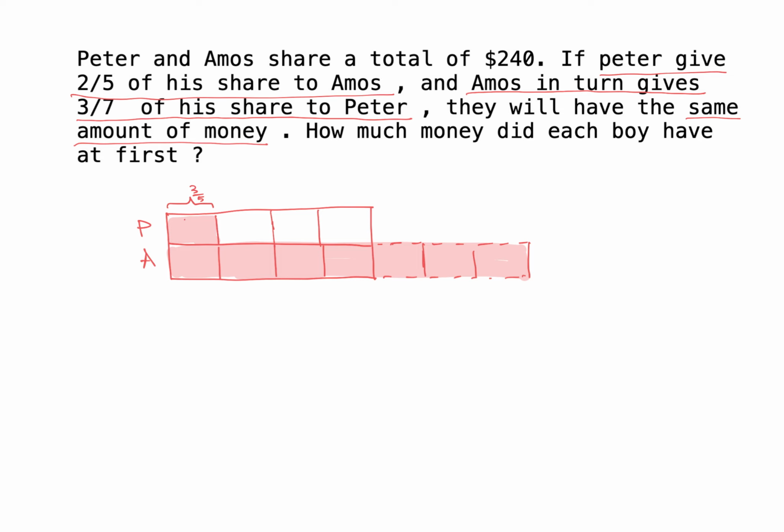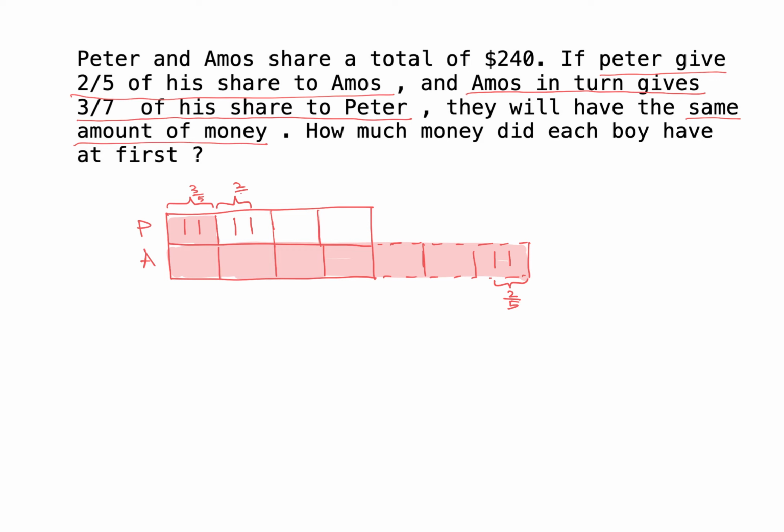So we can cut this into 5 units, and then he gave away 2/5, that means he gave away 2 small units. Where did it end up? It ended up here. This 2/5 came from Peter. So if we were to put back this 2/5 to Peter, it would end up at this position here.